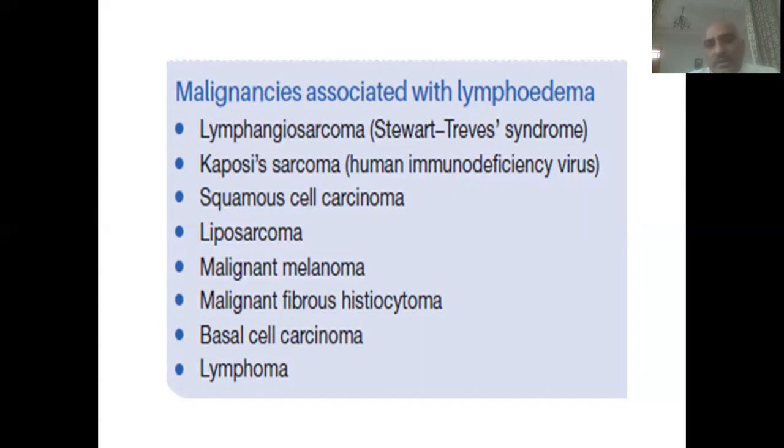Similarly, there is a long-standing process of fibrosis, repeated infections, swelling and hypertrophy of these skin appendages. Ultimately it may lead to the following tumors: lymphosarcoma, lymphangiosarcoma, Kaposi sarcoma, squamous cell carcinoma, liposarcoma, malignant melanoma, malignant fibrous histiocytoma, basal cell carcinoma and lymphoma.